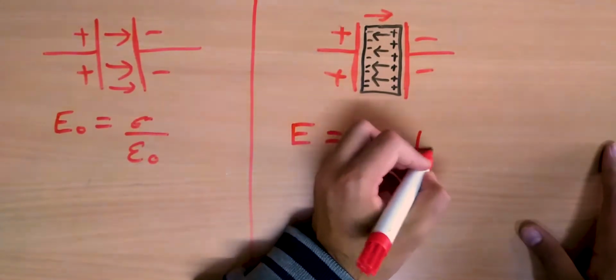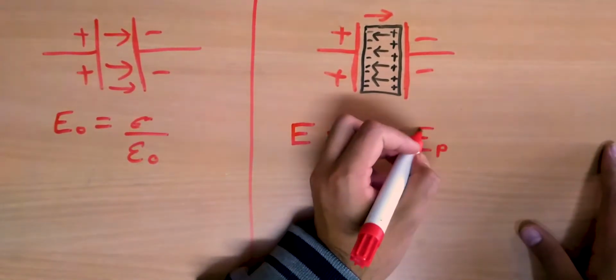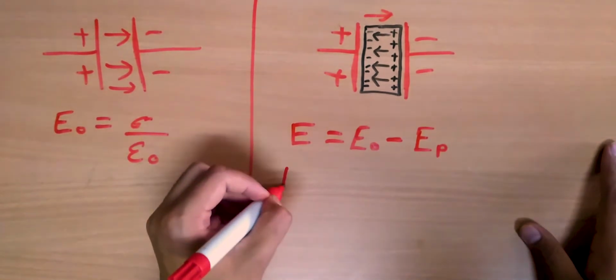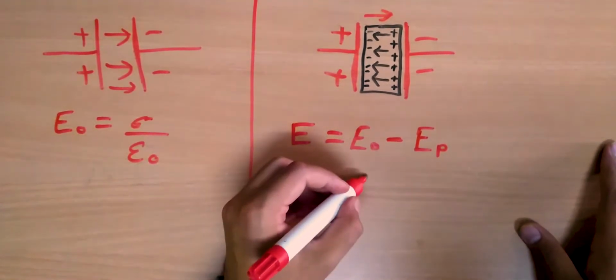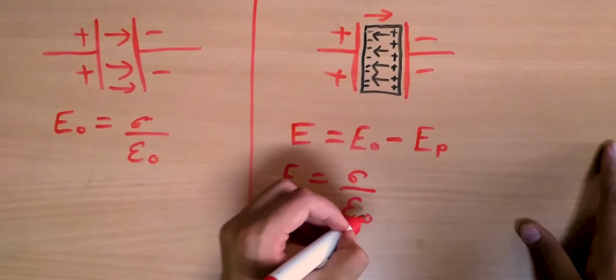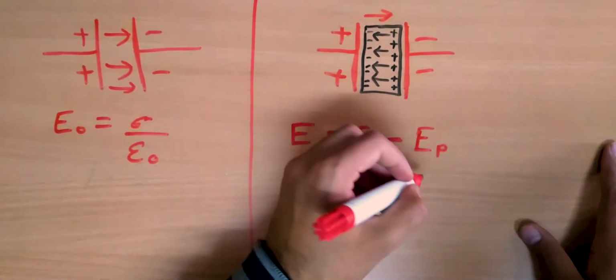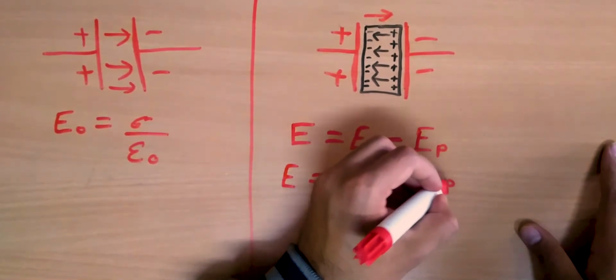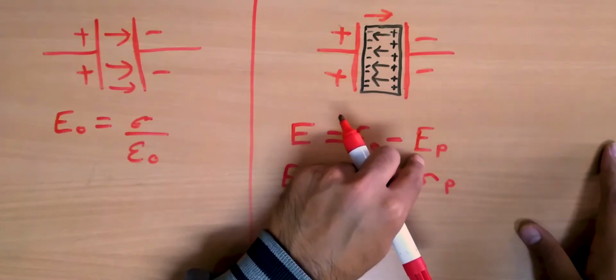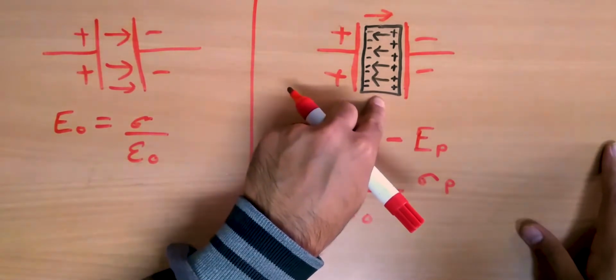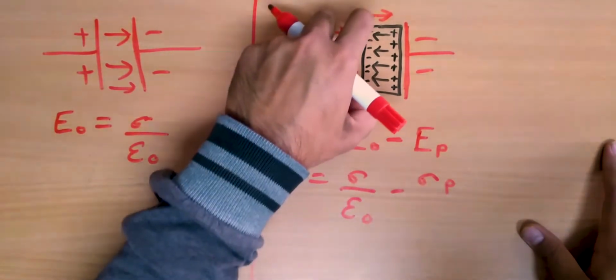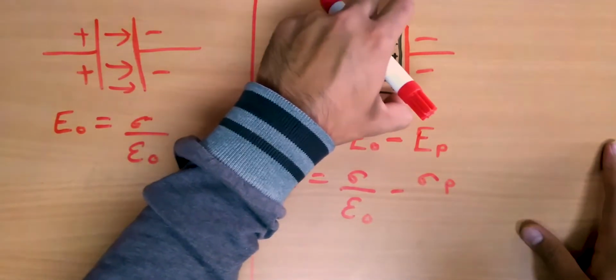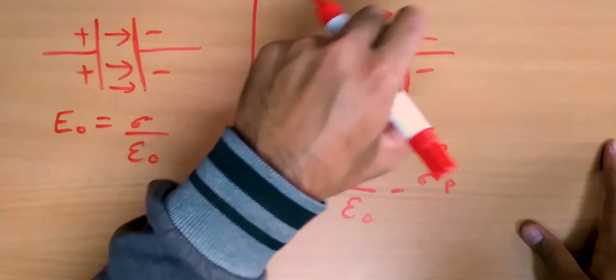Let's call that EP. Now if I simplify this, E naught is simply sigma upon epsilon naught, minus EP, because this electric field generated by the dielectric is due to this thin layer of the positive and the negative charges.